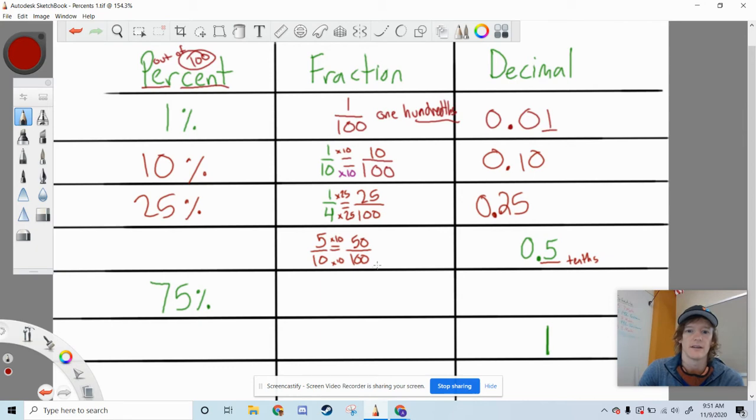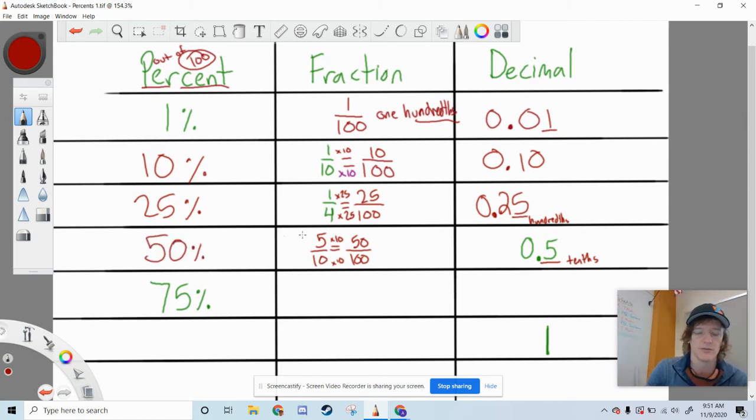So again, all we need to do is look at this place here. On this one, it was the tenths place. This here was the hundredths. So this is 25/100ths. Here we're 5 in the tenths place, so it's 5/10ths. Convert it to hundredths by multiplying the numerator and the denominator by 10. We get 50/100ths, and 50/100ths is therefore 50%.